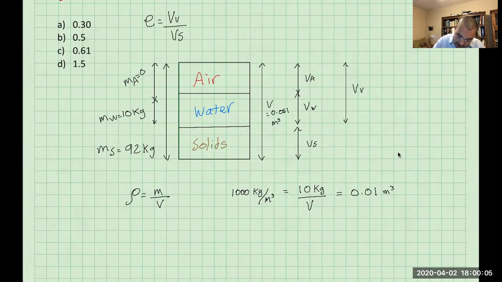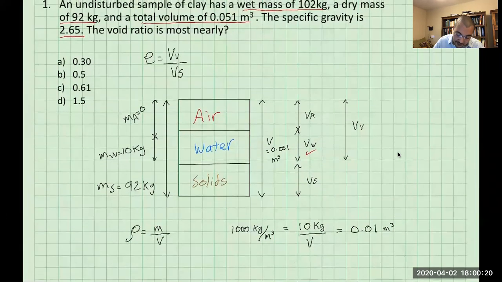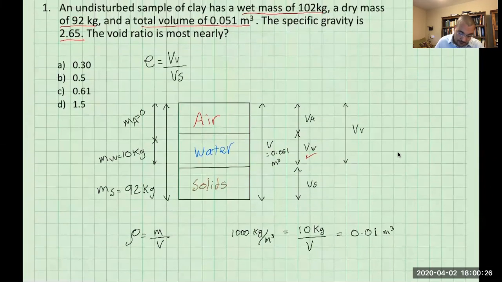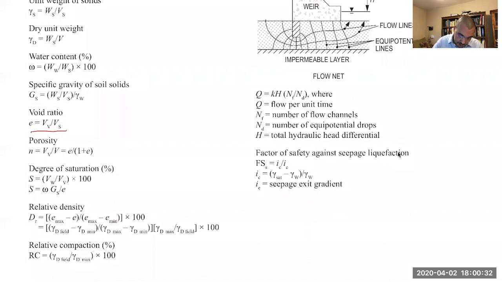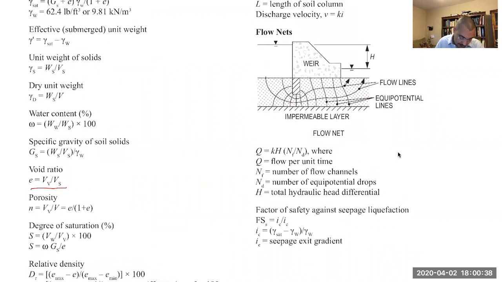So we have this, but we need to find the void ratio, the volume of voids. So we need to find the volume of air, and we're going to do that by finding the volume of solids. Let me show you. If we go back to the manual, we look at this area of the manual, and we're looking for a relationship where we have a specific gravity, weight of solids, volume of solids, and unit weight.